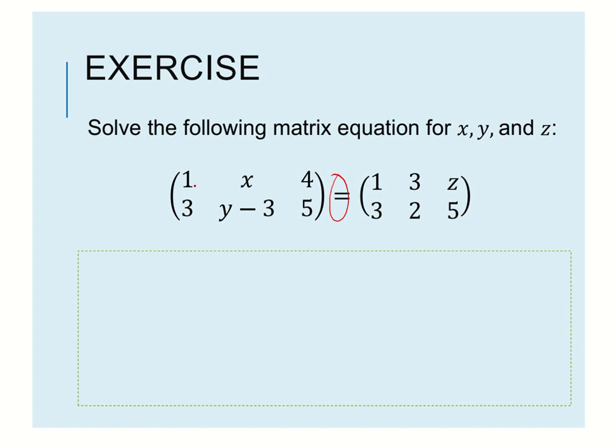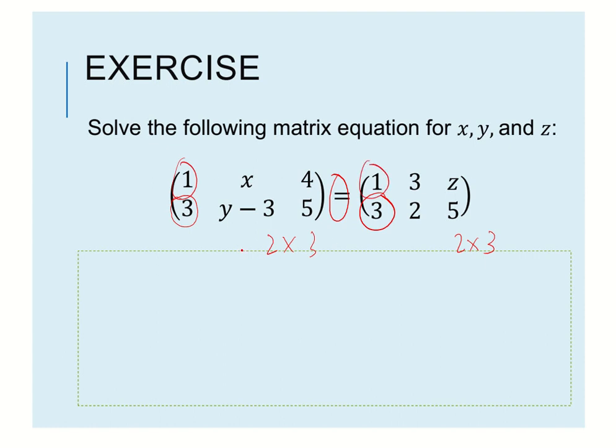You can see here, this is 2 rows by 3 columns, and the matrix on the right-hand side is 2 rows by 3 columns as well. The entries are 1, 1, and 3, 3.